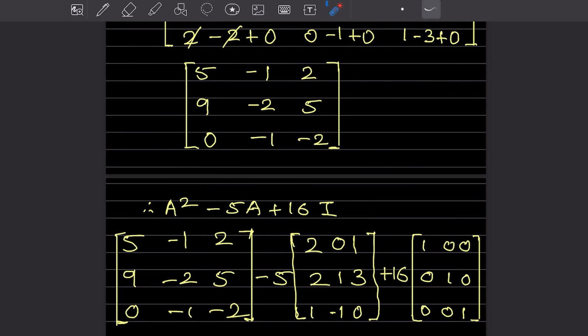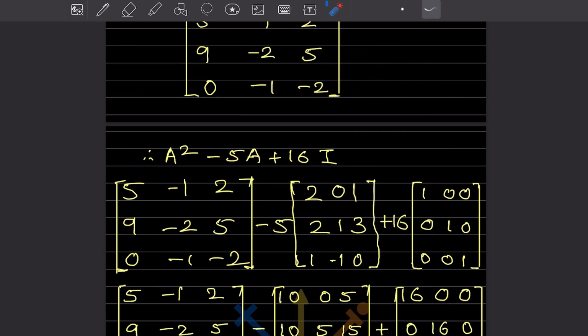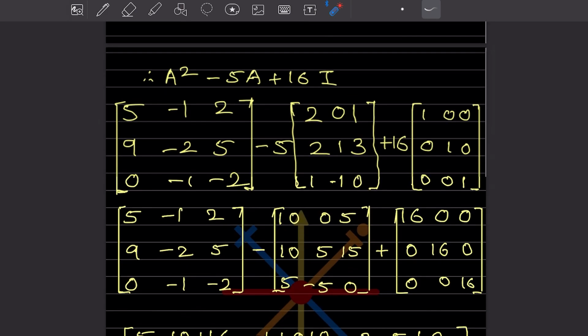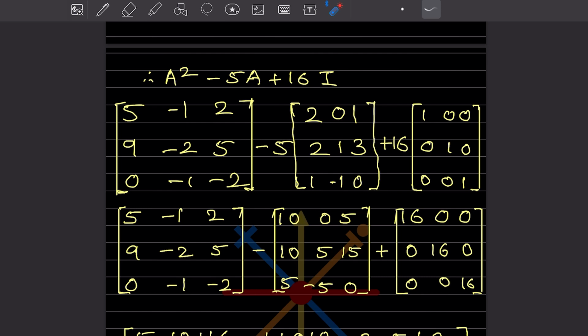So now let us see A square minus 5A plus 16I. This is for A square. The matrix A is already given over here, the same here, and this is a 3 by 3 matrix. So the I means the identity matrix, and we will also write the 3 by 3 identity matrix: 1 0 0, 0 1 0 and 0 0 1.